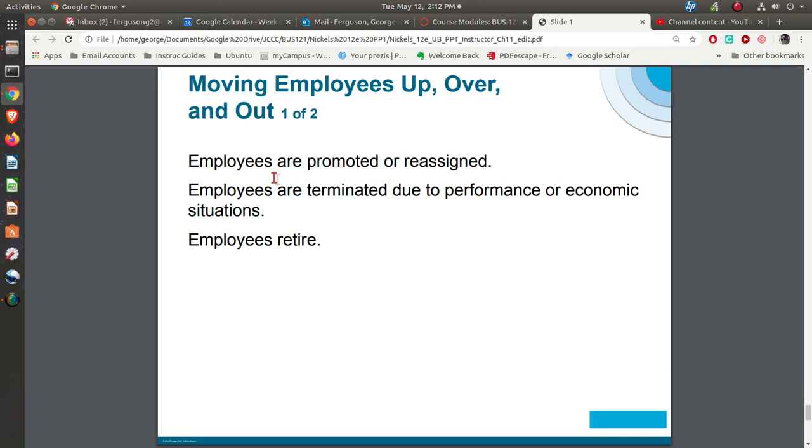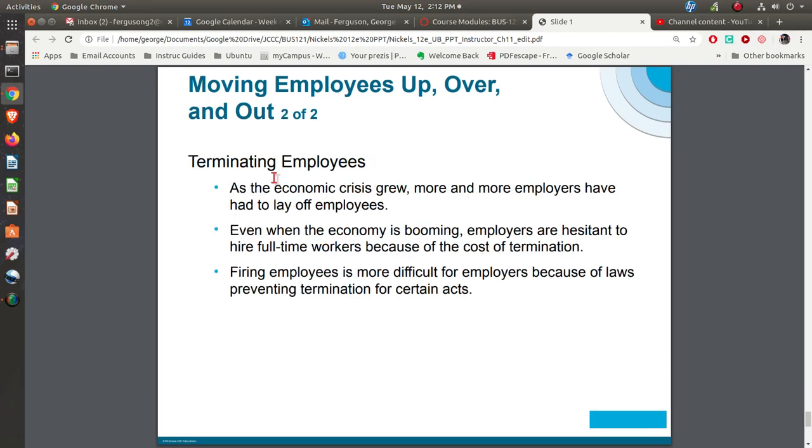From a human resource management standpoint, we have to plan which ones are going to be promoted, which ones might transfer between departments, or how many are going to leave the company altogether. These are things we have to plan for. There are also going to be times when we have to terminate someone.